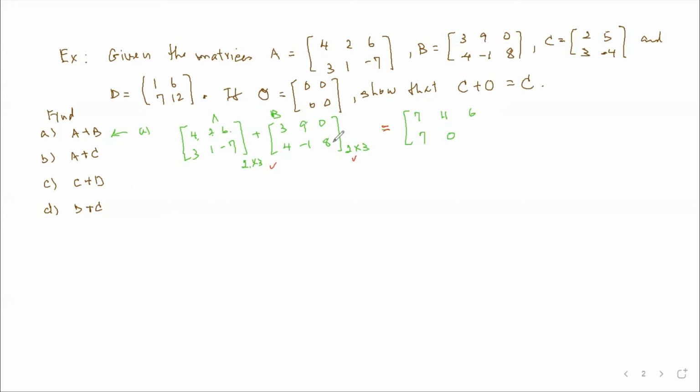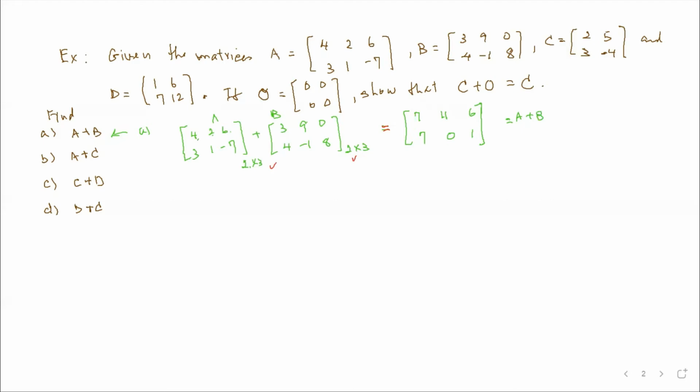And -7 plus 8 becomes 1. Okay, so add, minus, plus still work the same like algebra. So this is the final answer for question A, which is equal to matrix A plus matrix B.